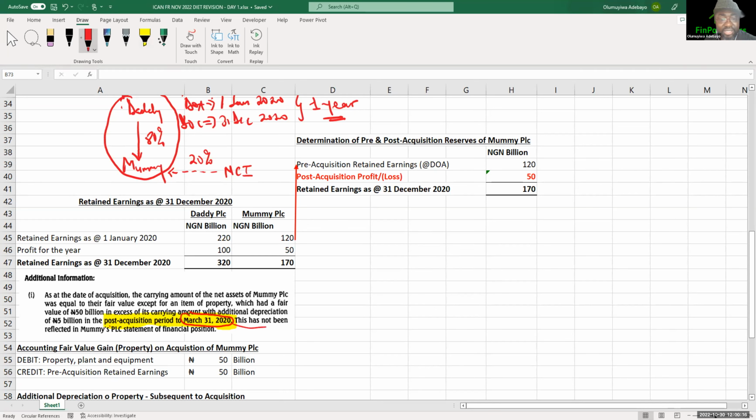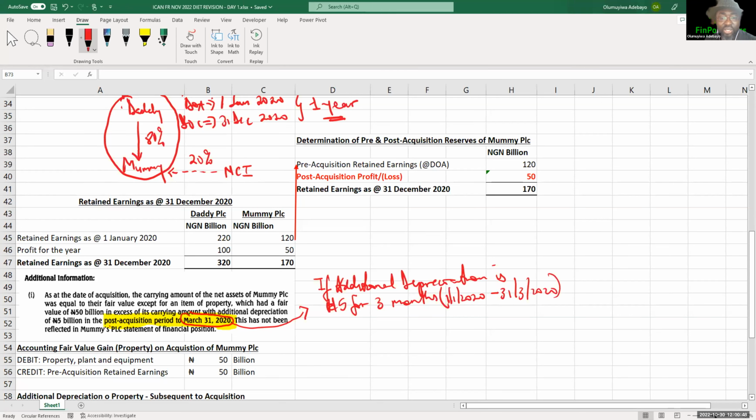But what has this brought to us? It has simply brought a question I will put to you. If additional depreciation is 5 million for 3 months, being between 1st of January 2020 and 31st of March 2020, what then would have been the full year additional depreciation?